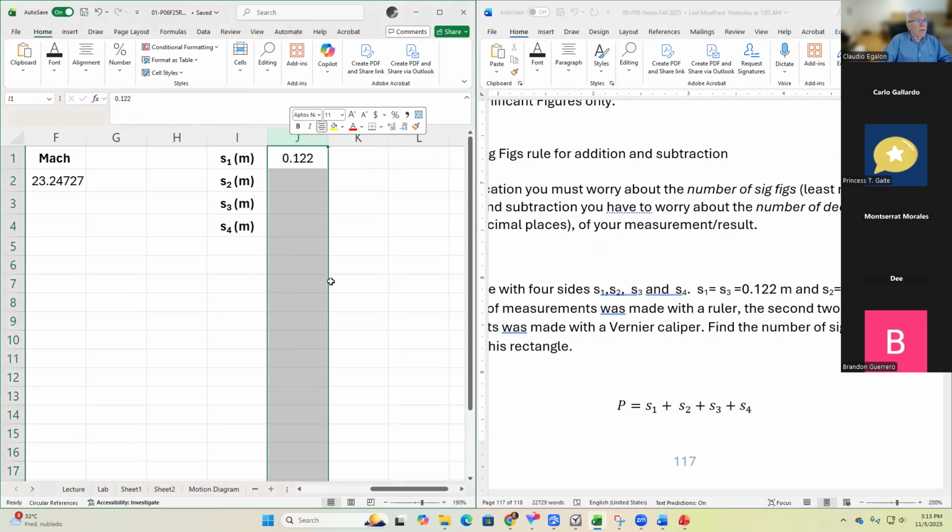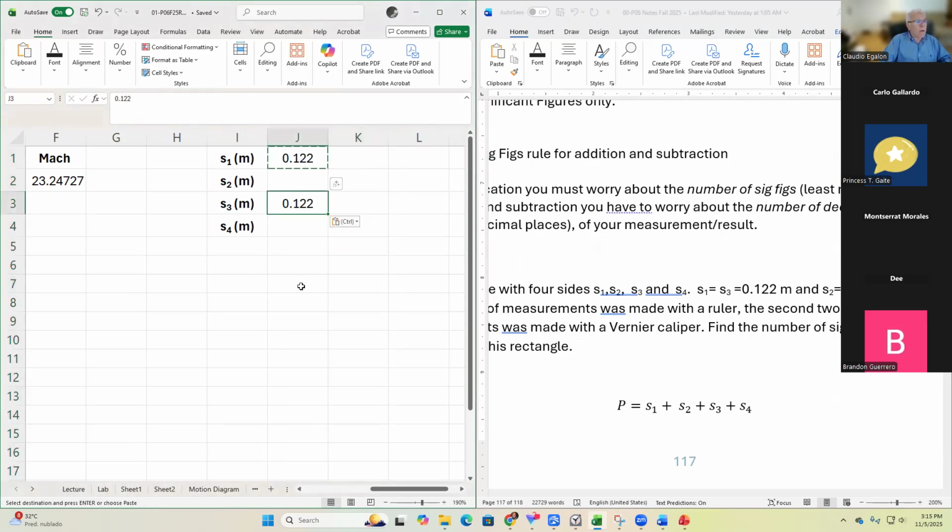Let me unbold it. S3 is also 0.122, right? And S2 and S4 are 0.0934, okay? And also 0.0934.